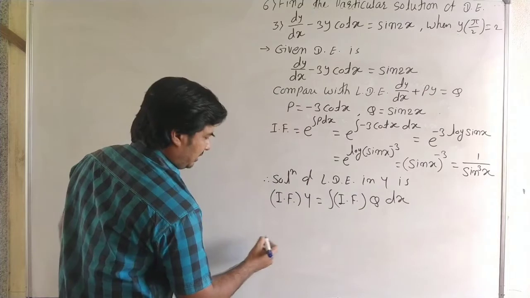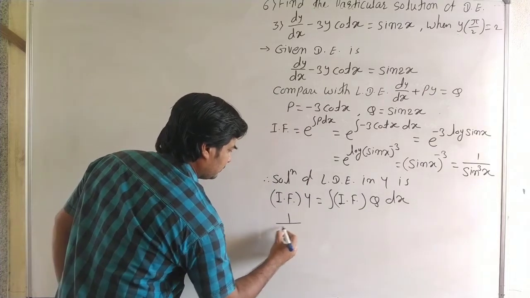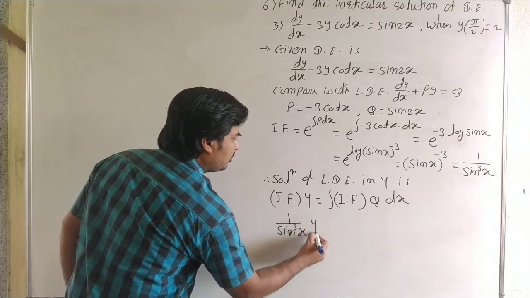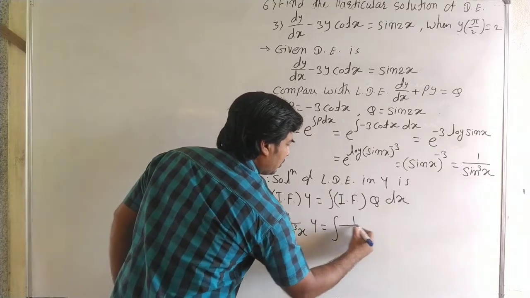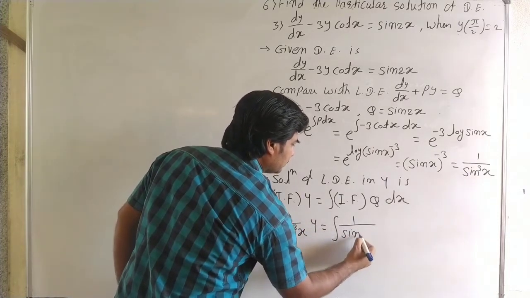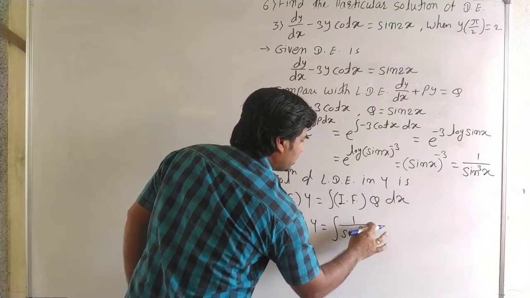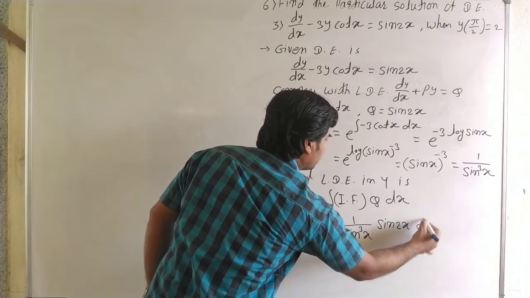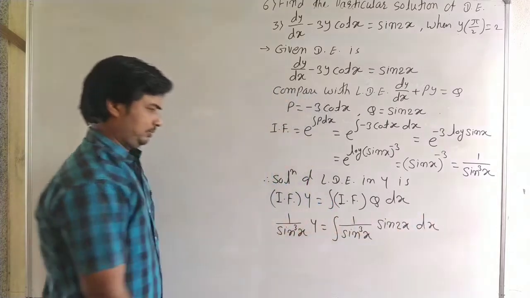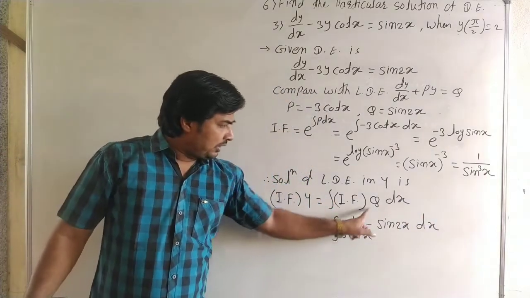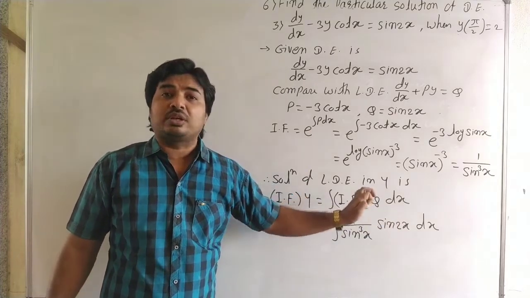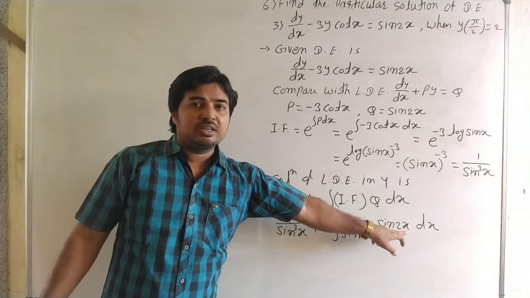Now here integrating factor is 1 upon sin cube x into y is equal to integral of 1 upon sin cube x into sin 2x dx. See carefully this. Okay. Now we want to find the integral of this. Here it is 1 upon sin cube, and here it is sin 2x. The angle here is x, and here it is 2x.